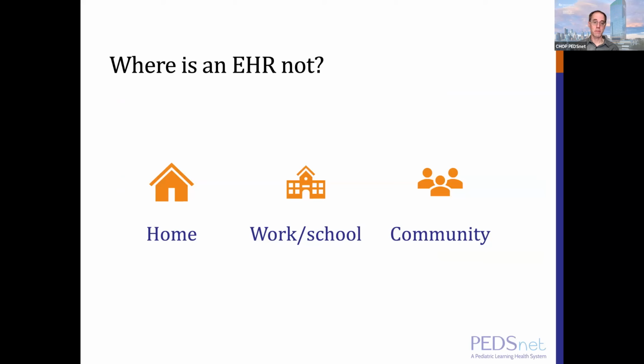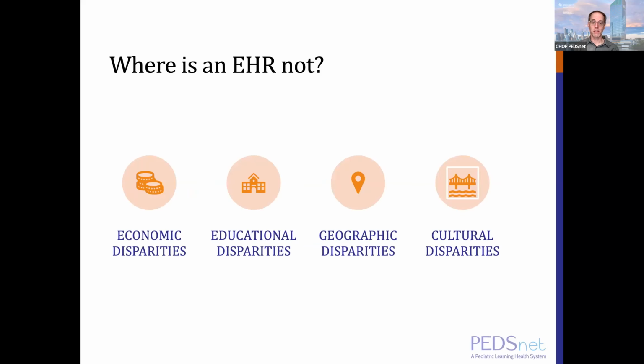There are conversely a number of places where the EHR is not well represented currently. As you might expect from our prior summary, they tend not to be present in day-to-day life for a lot of patients. The reach into the home, the reach into occupational settings, whether work or school, the reach into sort of everyday community interactions is much more limited, right? Similarly, even in places where you might see an EHR, there's uneven availability and uneven adoption because of a number of disparities, right?